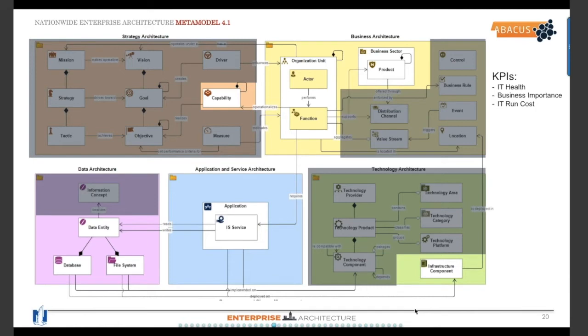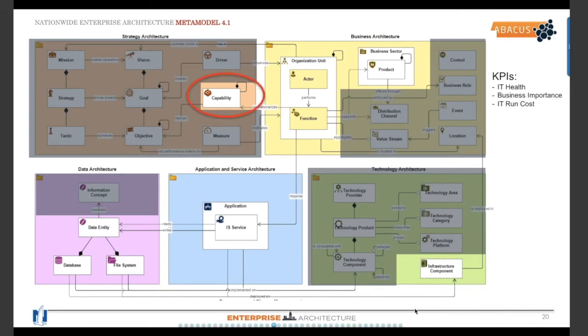Now the problem is that IT run cost is relatively complex, because you pay for infrastructure separately, you pay for your people separately, you pay for your licenses separately, and not all of them are necessarily built for one specific capability.